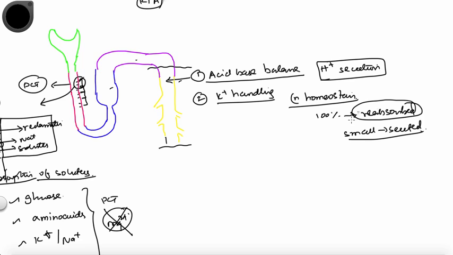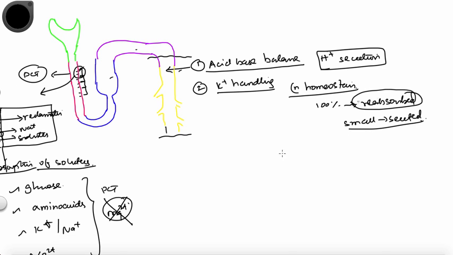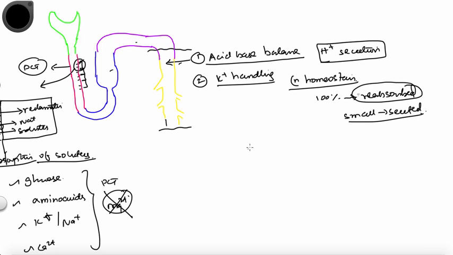And this potassium secretion does not happen in any of the other places except for the thick ascending limb of the loop of Henle, where it is secreted as a part of the sodium potassium 2 chloride transporter family of channels. So under normal homeostasis, almost all of the potassium is reabsorbed, and only a small amount is secreted. But in hyperkalemic states, this can be reversed, and a lot of potassium can be secreted.